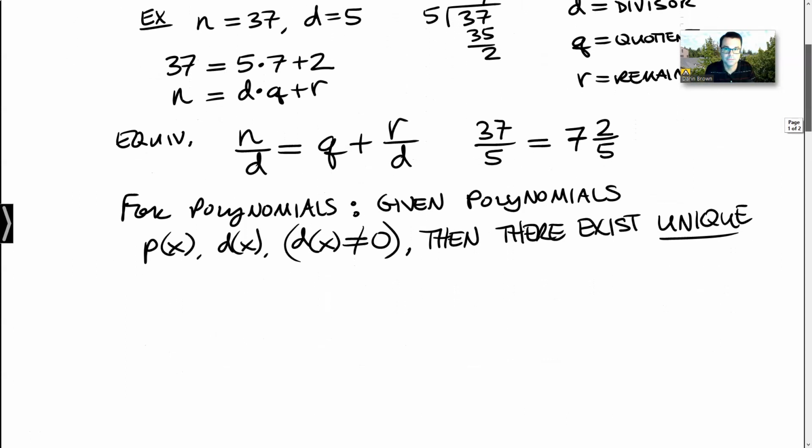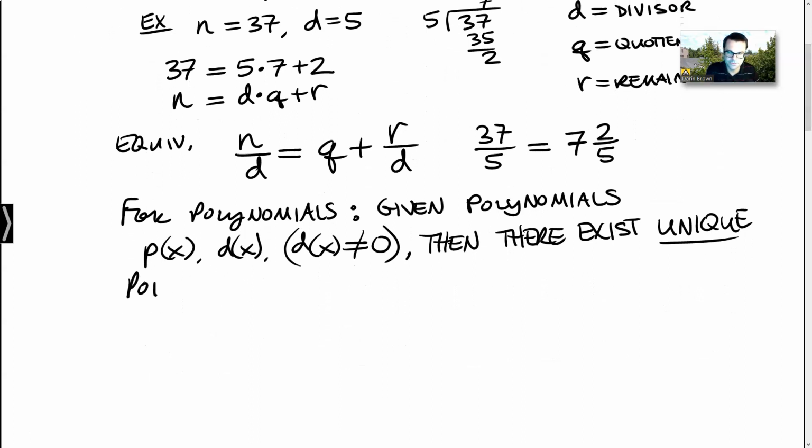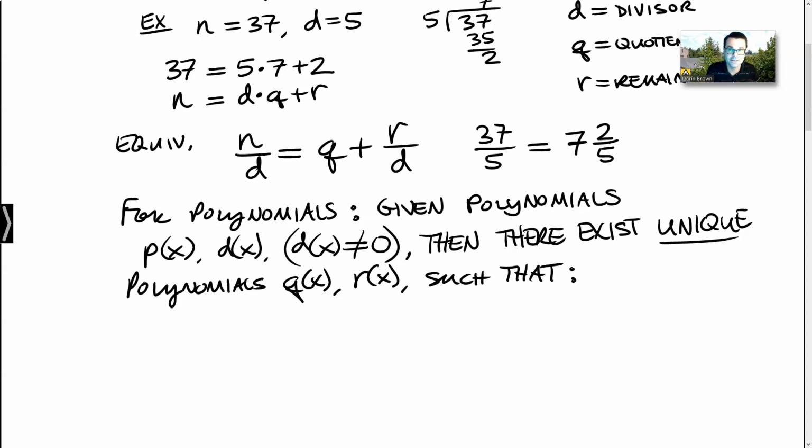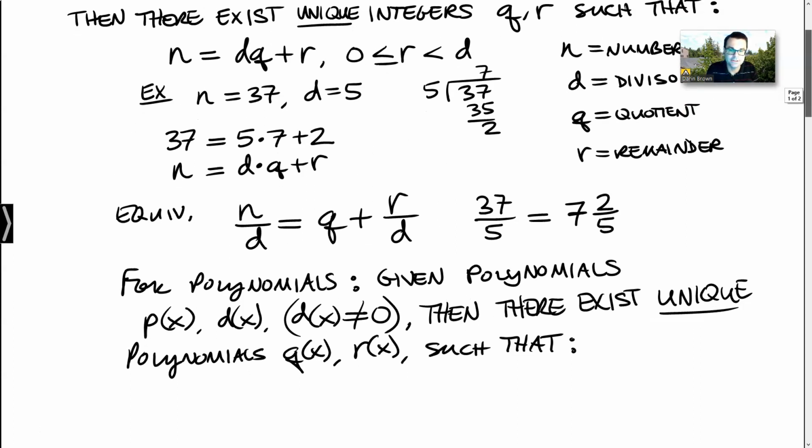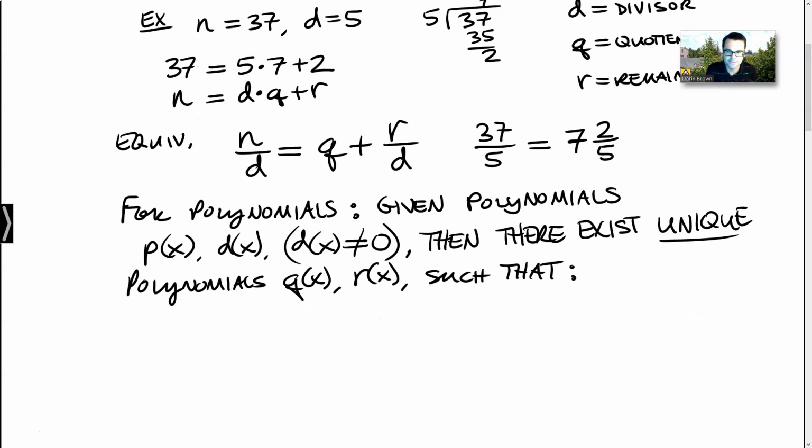Unique polynomials q of x and r of x, such that, and now this is going to read pretty much identically to what it said above, right? It said n equals dq plus r. So in this case, p of x is equal to d of x times q of x plus r of x.